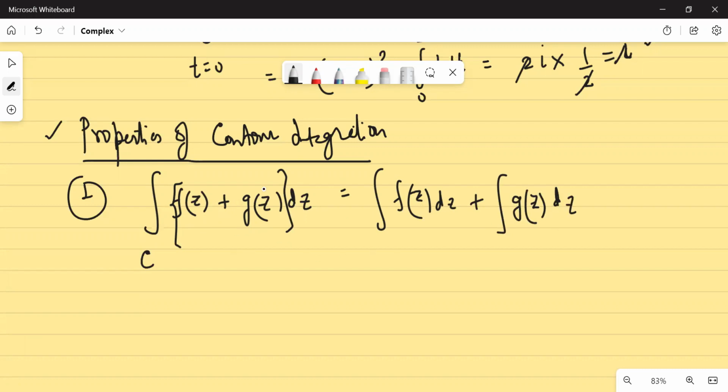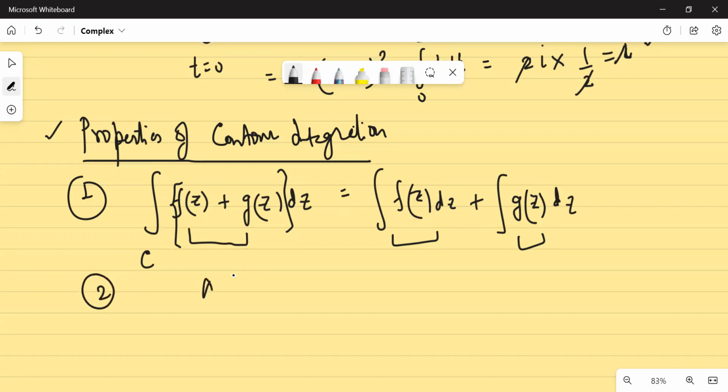If you are finding the integration of a sum of two functions, it will be equal to the sum of the integrals. So linearity will be intact.